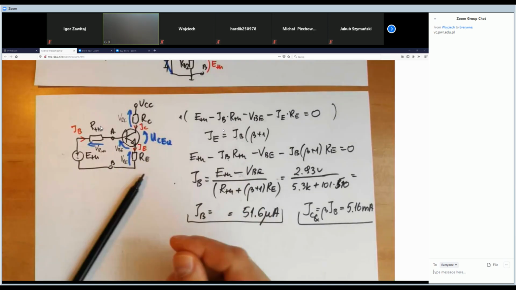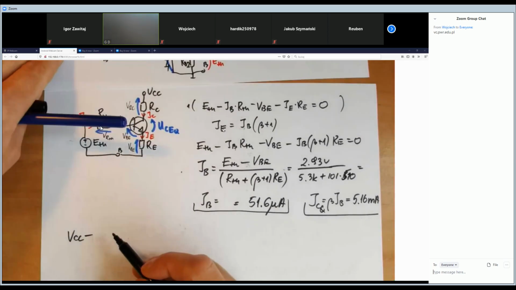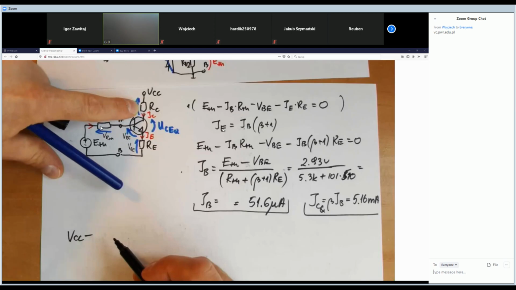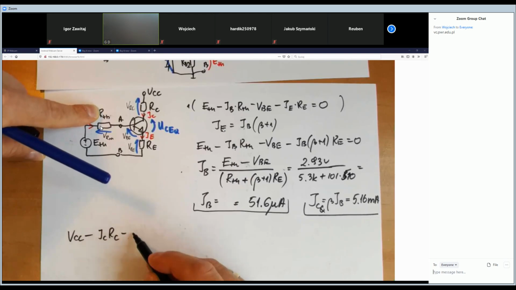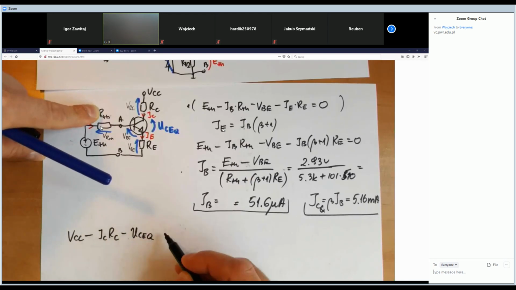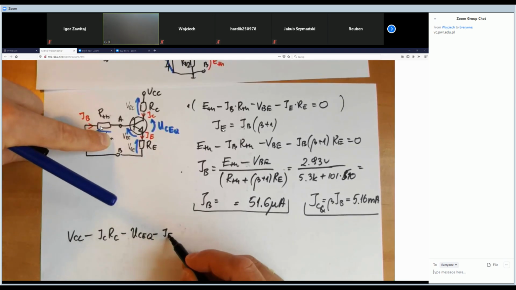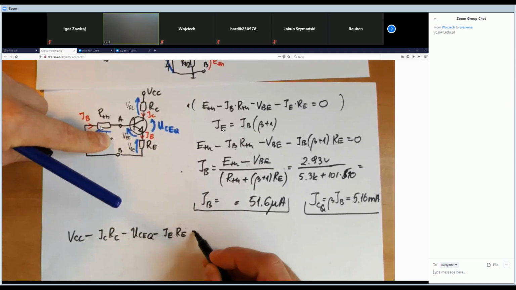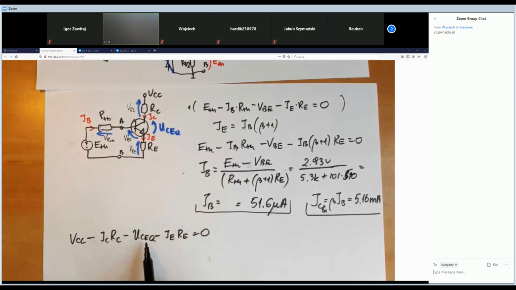VCC minus voltage drop on the RC resistance, which is equal ICRC, minus UCEQ minus voltage drop on the emitter resistance. So this is the IE, RE is equal to 0. Great. So we have to find the UCEQ.